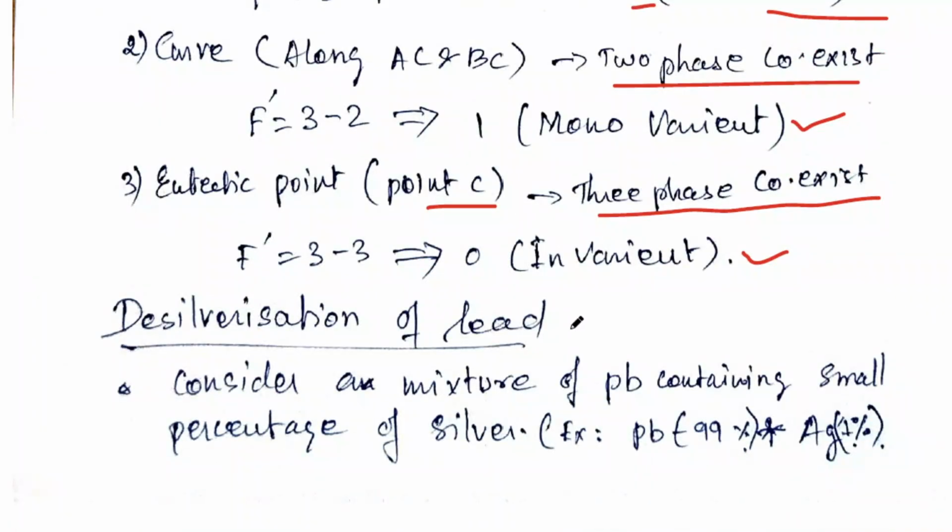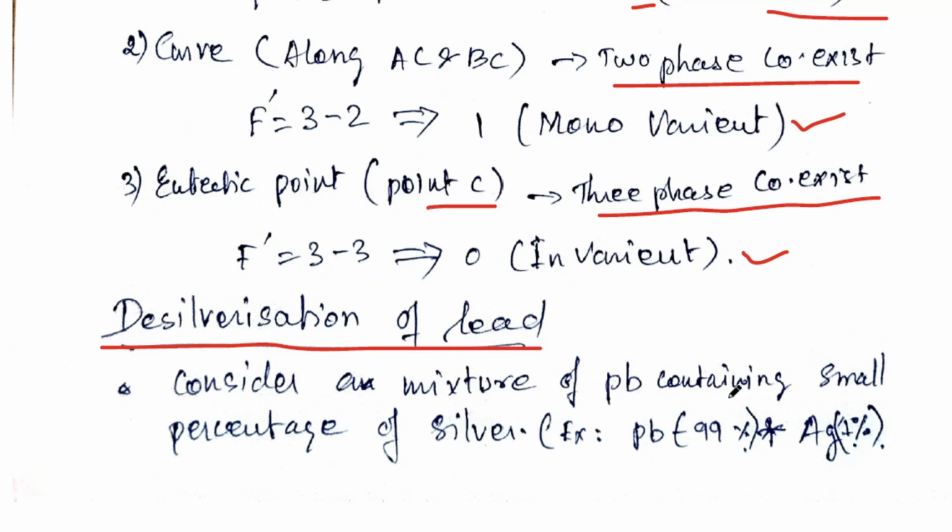Now we are going to see an important phenomenon in the simple eutectic system, that is desilverization of lead. For the lead silver system it is called desilverization, but in another system it may be called by a different name, but this phenomenon will happen in all simple eutectic systems.